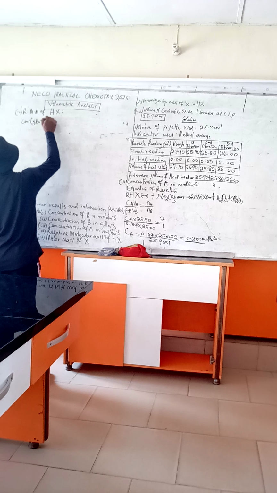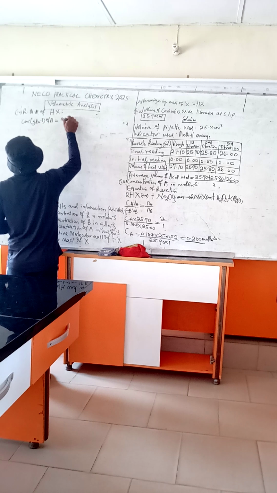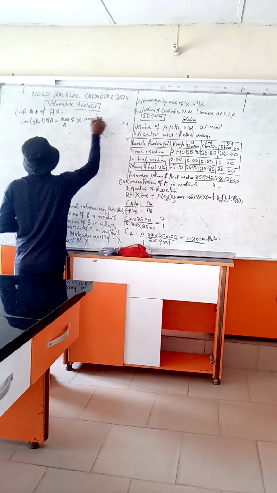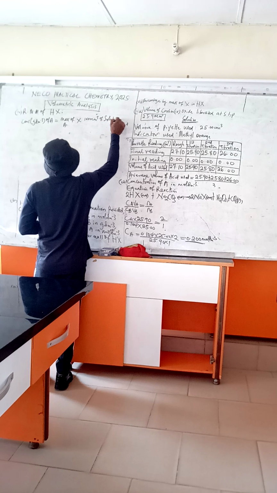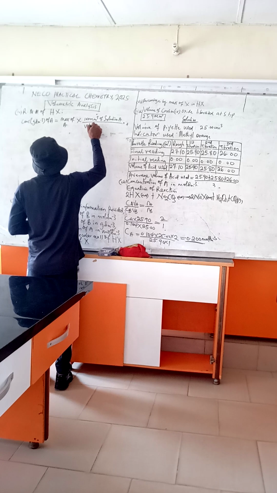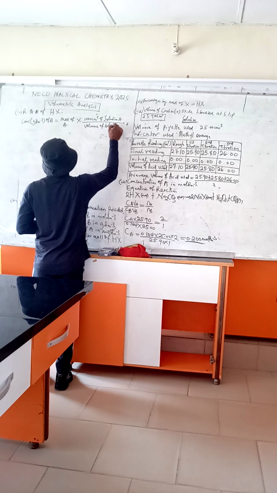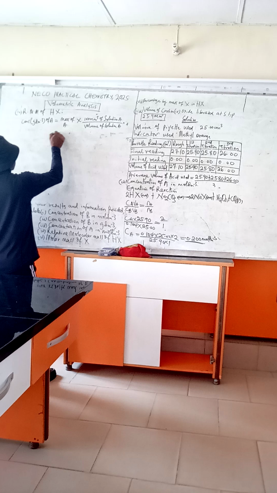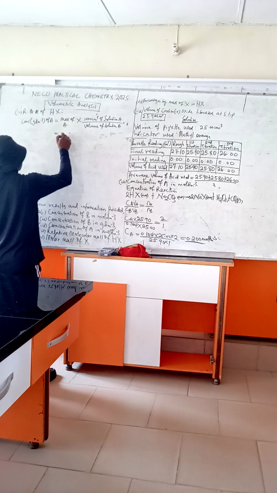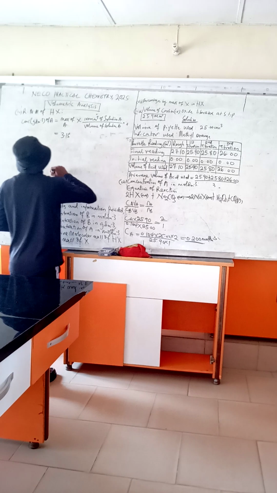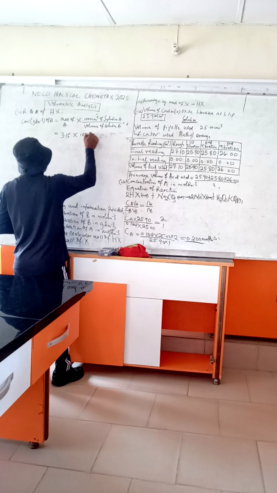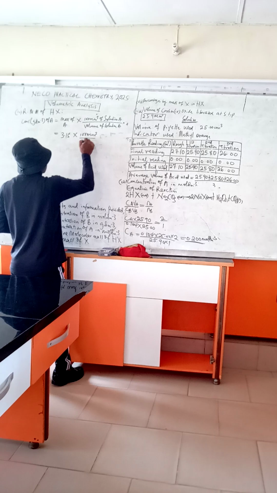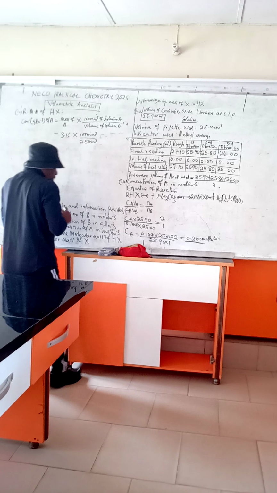Concentration in gram per cm³ of A is equal to mass of A multiplied by 1000 cm³ of solution A, all over the volume of solution A. From the question, the mass of A is given as 3.15, multiplied by 1000 cm³, all over the volume of solution A, given as 250 cm³.